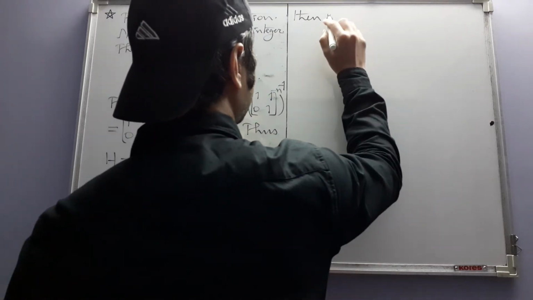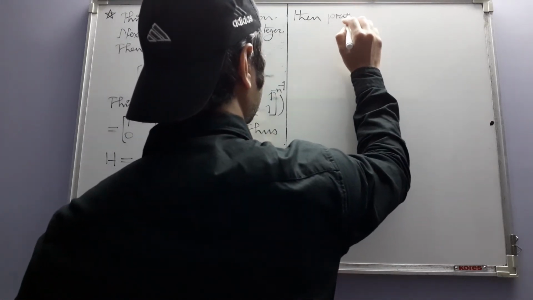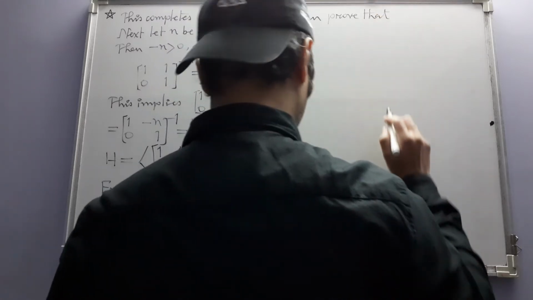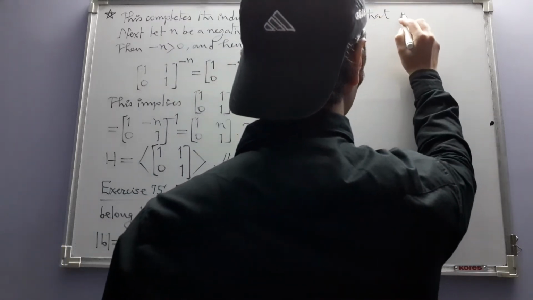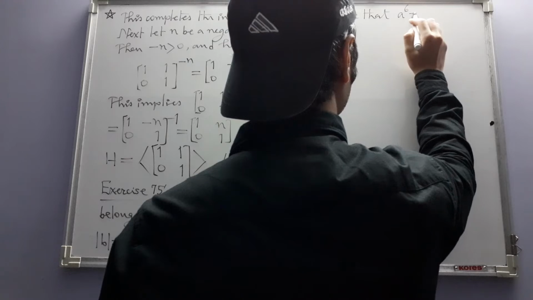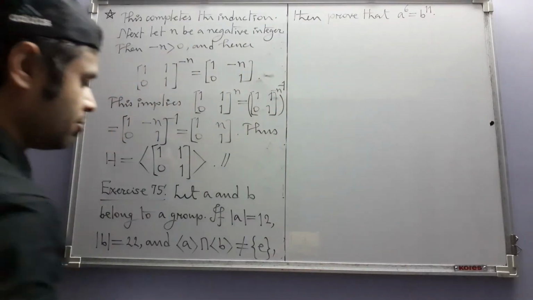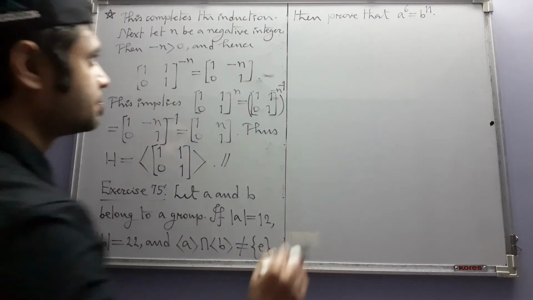Then prove that a to the power 6 is equal to b to the power 11.